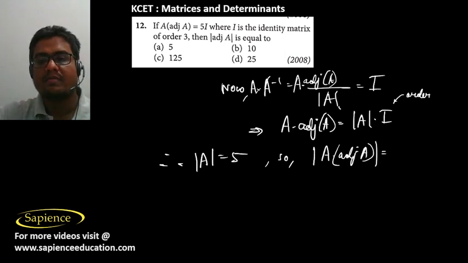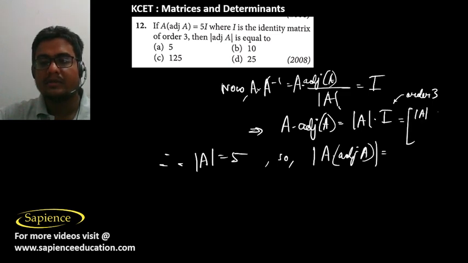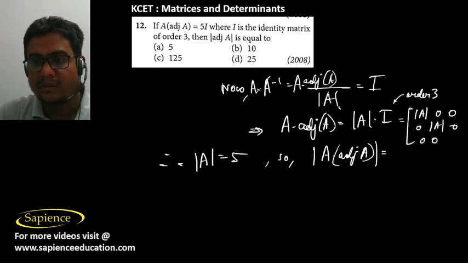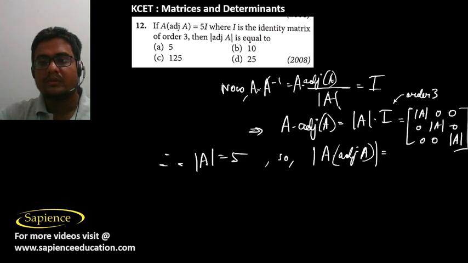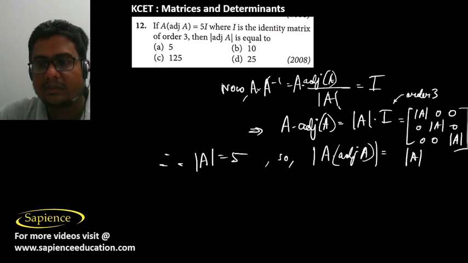So the determinant of A into I, that we can write, is determinant of A 0 0, 0 determinant of A 0, and 0 0 determinant of A. So this will be equal to the determinant of A whole raised to 3.